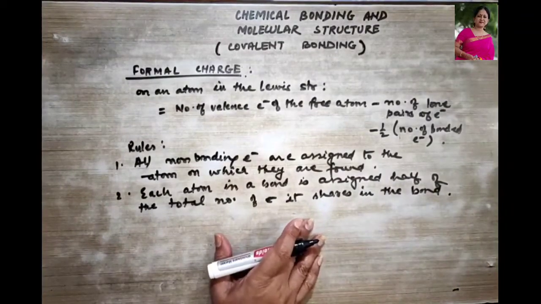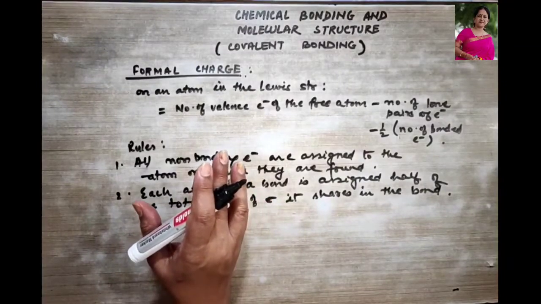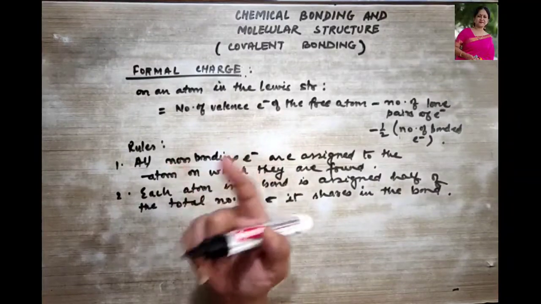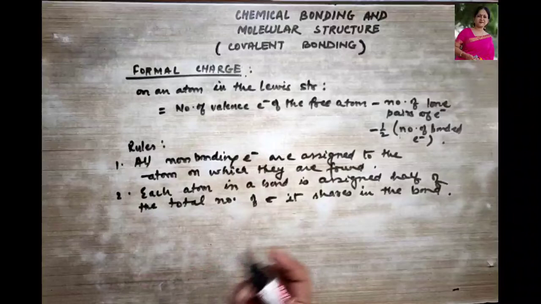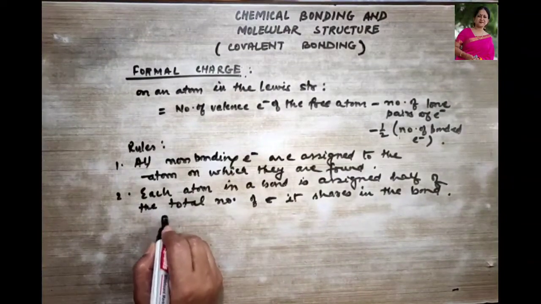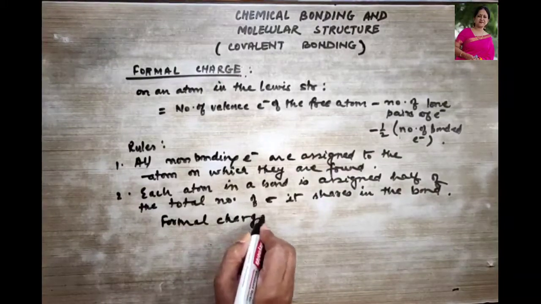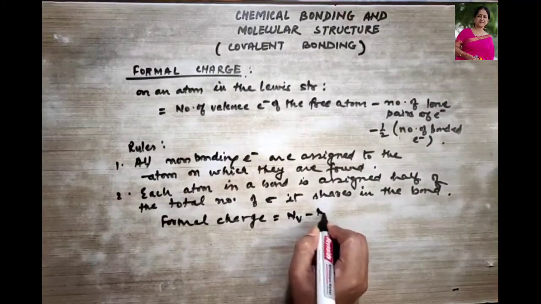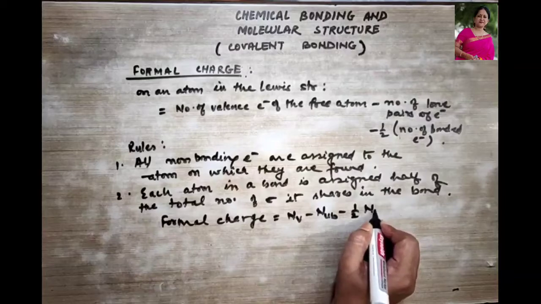For example, for a single bond, each atom is assigned how much? 1 electron. For a double bond, each atom will be assigned 2 electrons. For a triple bond, 3 electrons, and so on. Right? So the general formula for finding out formal charge is equal to NV minus NUB minus half NB.